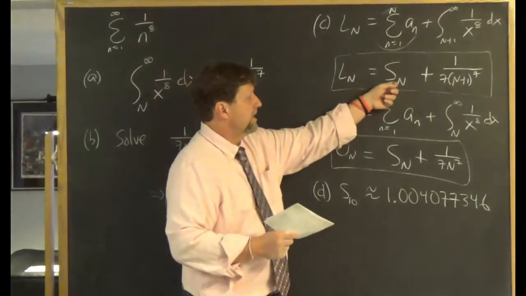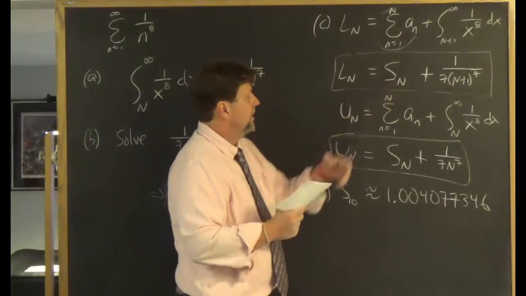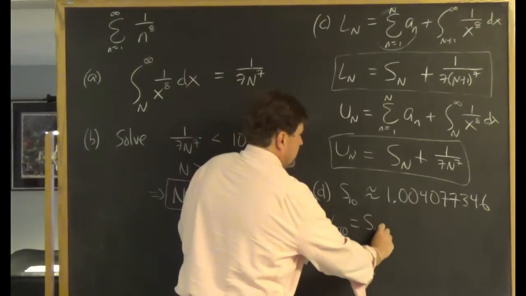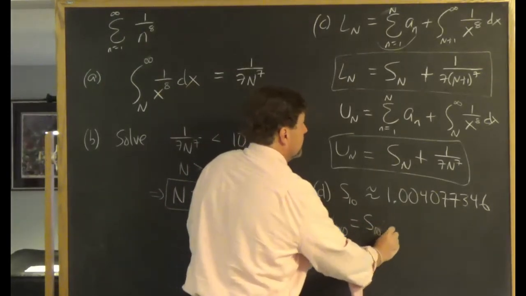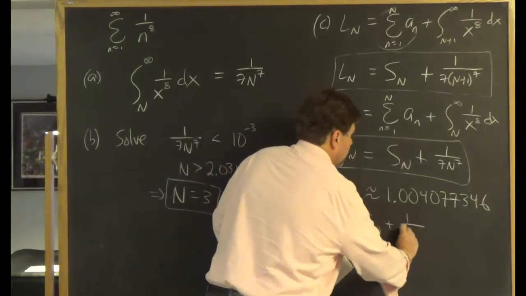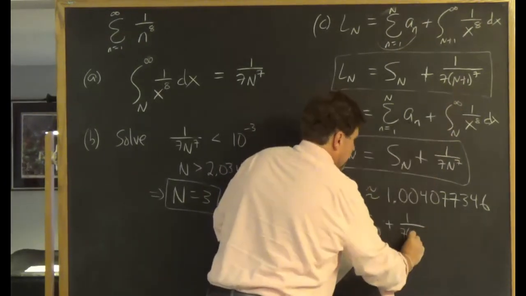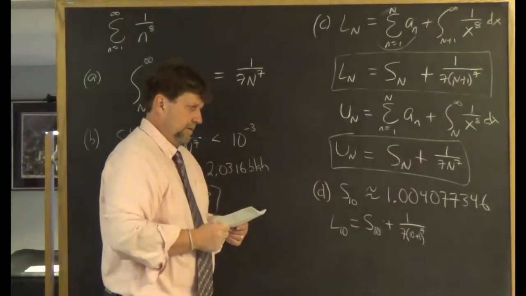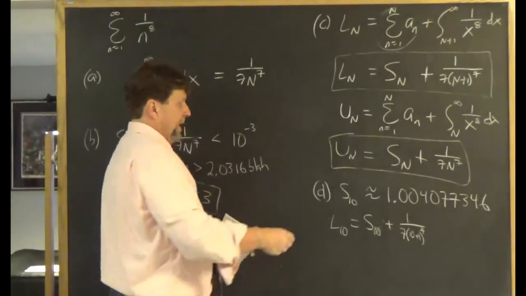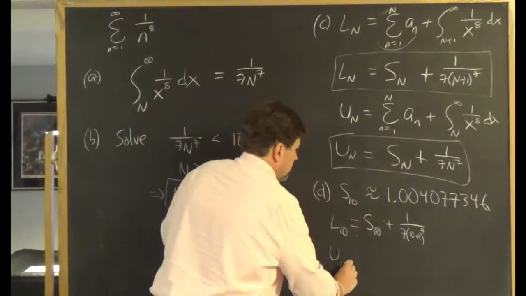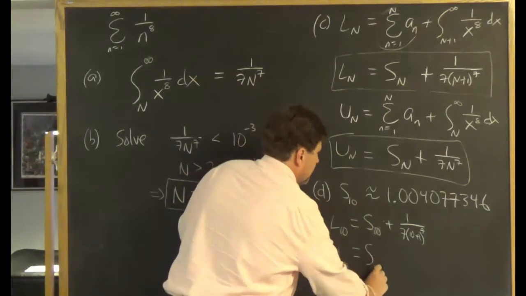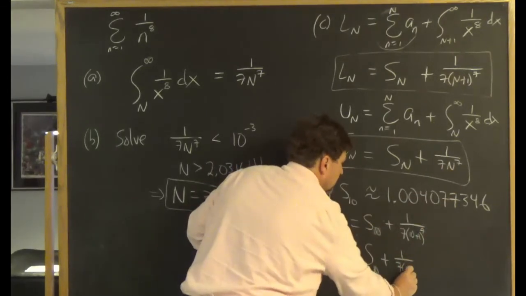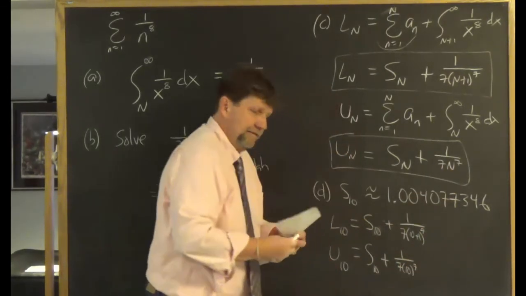My lower bound is the sum of the first 10 terms. So let me write this down. L sub 10 is the sum of the first 10 terms plus 1 over 7 times 11 to the 7th. That's the lower bound. The upper bound, U sub 10, is the sum of the first 10 terms plus 1 over 7 times 10 to the 7th.